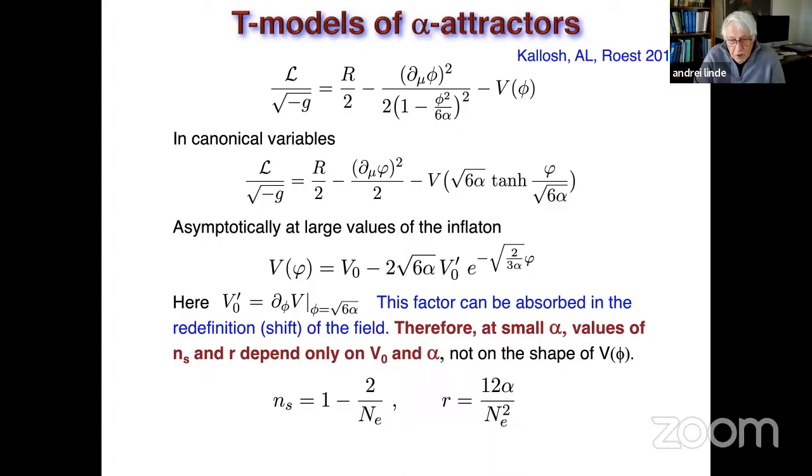So in the end of the day, your observational data are determined only by V0, which is responsible partially for the amplitude of perturbations, and alpha, which is responsible for the tensor to scalar ratio.